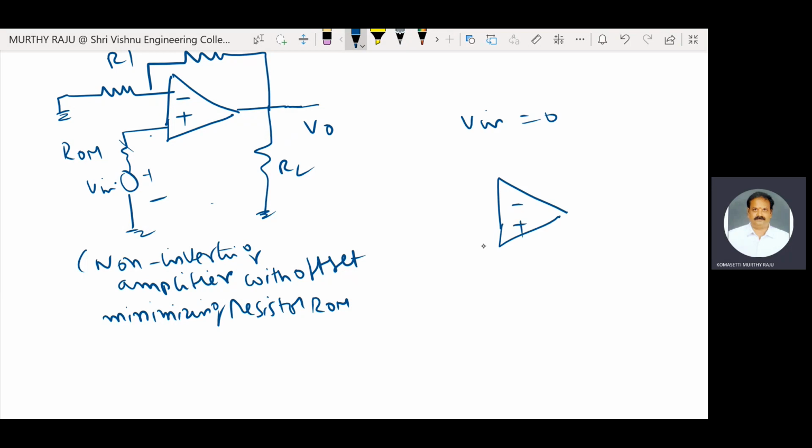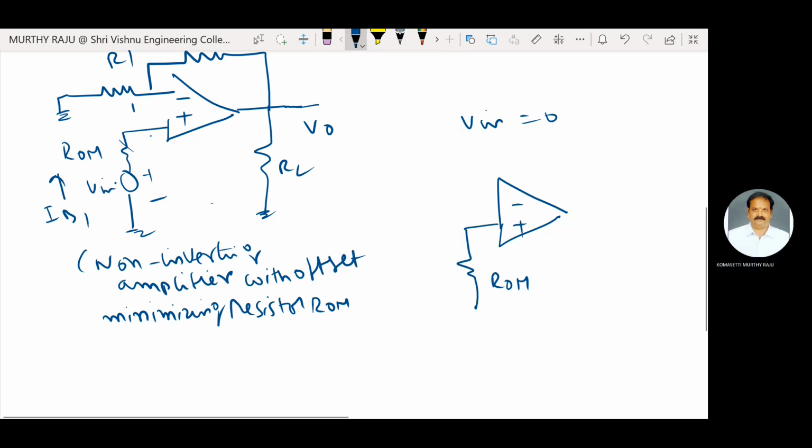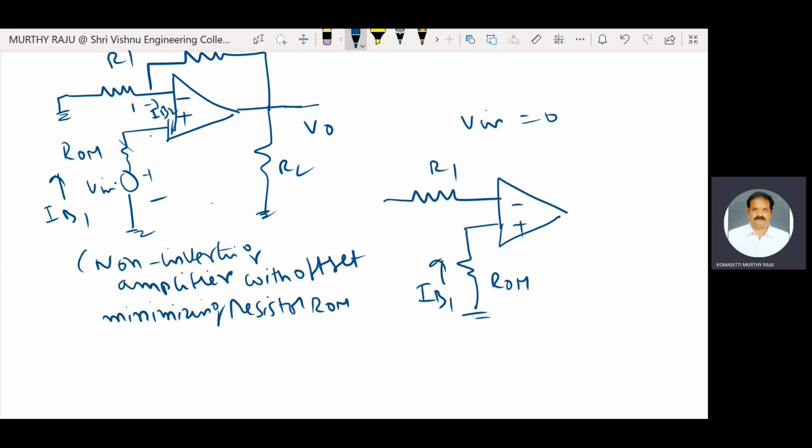This diagram is transformed into this one: R1, IB1, IB2 current, IB2, IB1, R1, V0, RF.